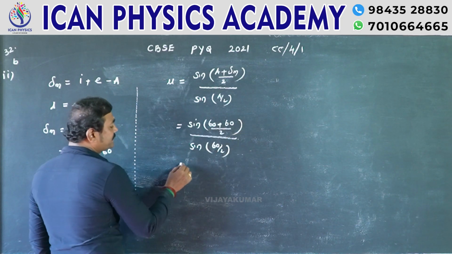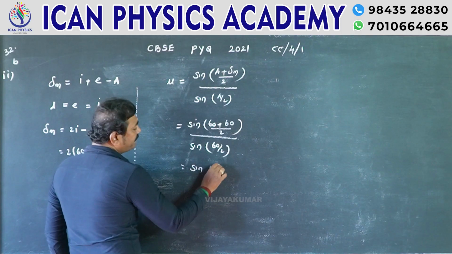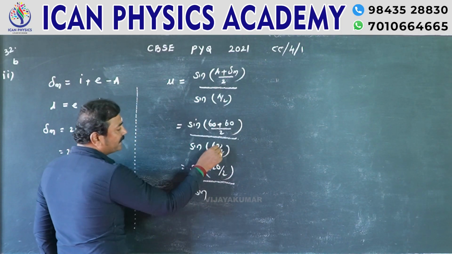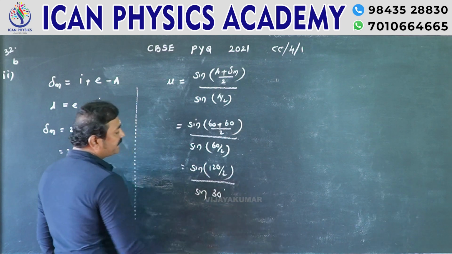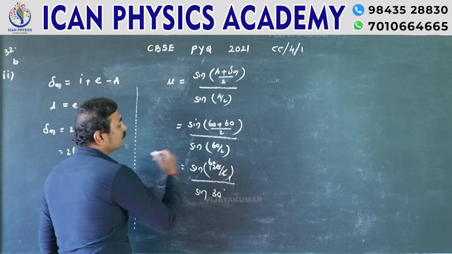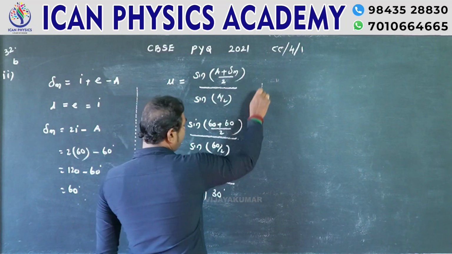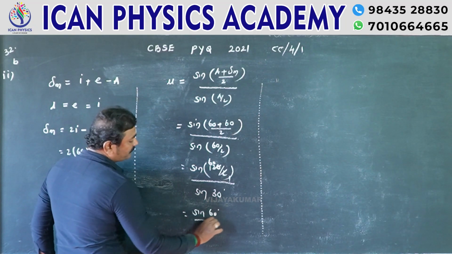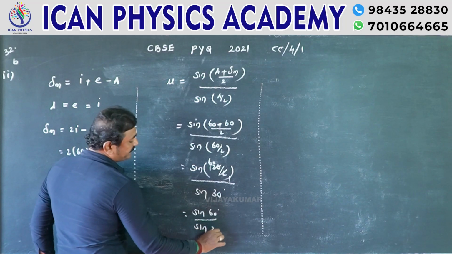Okay, so 60 plus 60, 120. So sine 120 by 2 divided by sine 60 by 2. So it becomes 30. So 2 sixes are 12, so 120. So finally we can get sine 60 by sine 30.